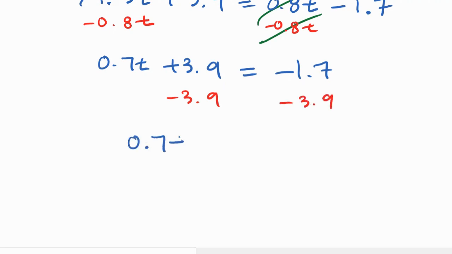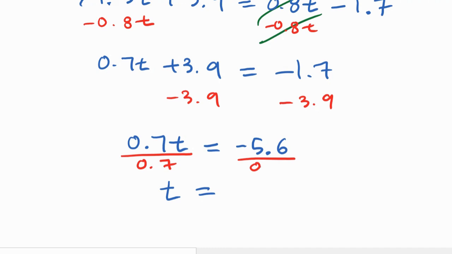Then 0.7t equals negative 5.6. You can find the t by dividing both sides by 0.7, right? Then if you divide both sides by 0.7, the answer will be negative 8. So t equals negative 8 is the final answer.